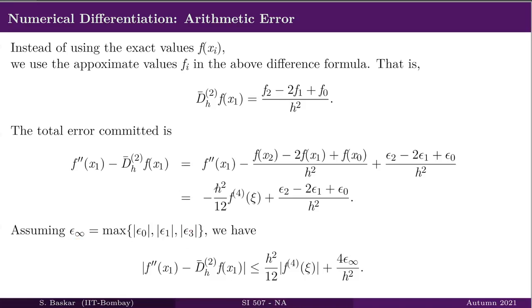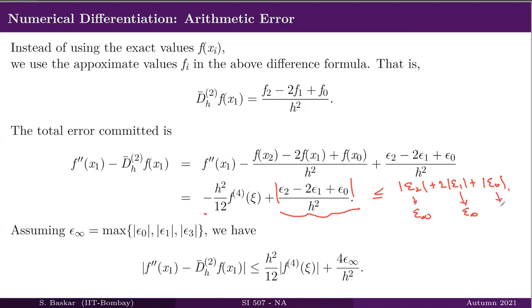Then we can take the modulus on both sides of the total error, and we can see that the arithmetic error is less than or equal to 4 times epsilon infinity divided by h square, because I am just taking the modulus and then doing this: mod epsilon 2 plus 2 mod epsilon 1 plus mod epsilon naught, and replacing everybody by epsilon infinity.